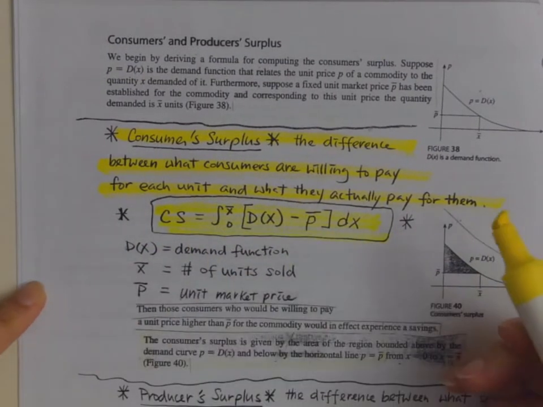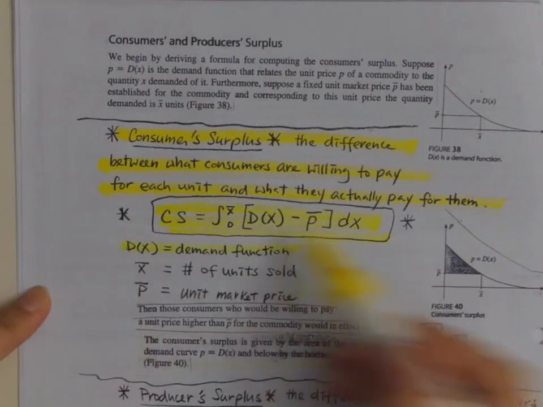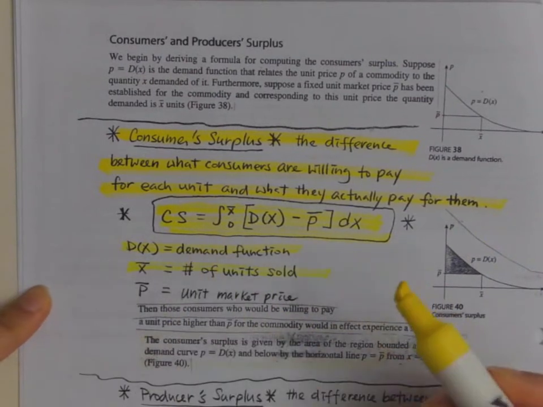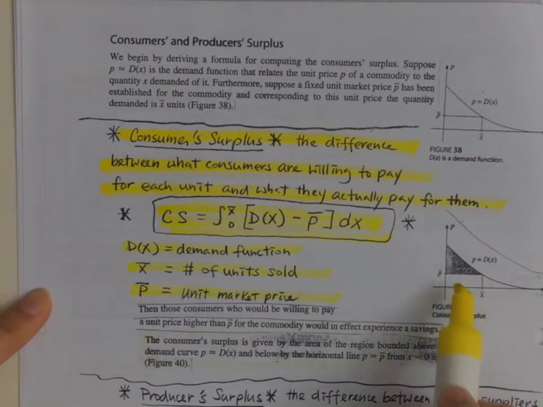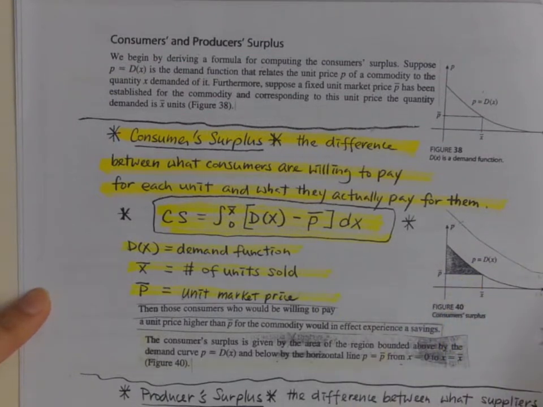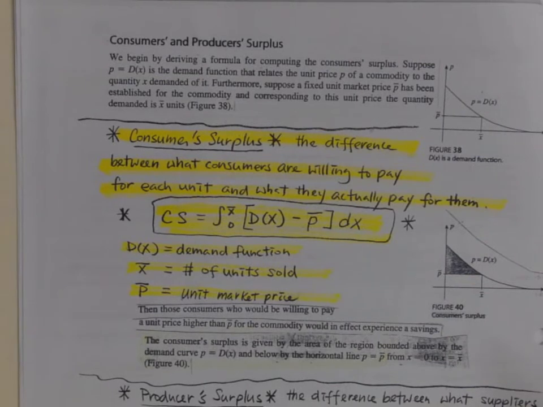So that's the formula. The D of X is the demand function, X is how many units, and the P would be the market price. And as the graph shows, the area is showing the difference between the price they pay and what they are willing to pay.